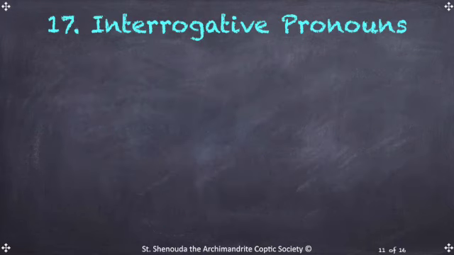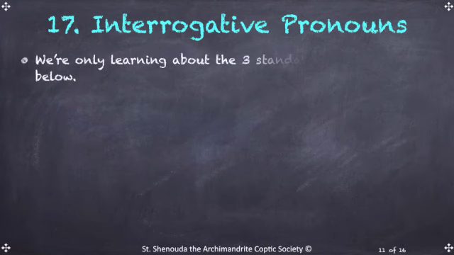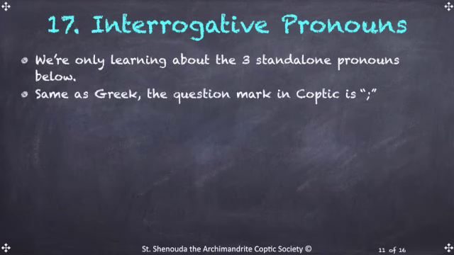Last thing we're going to learn about today are the interrogative pronouns. These are also elements that can be used in a nominal sentence. We're only going to learn about 3 of them today. There are more interrogative pronouns. As in Greek, the question mark in the Coptic language is a semicolon.